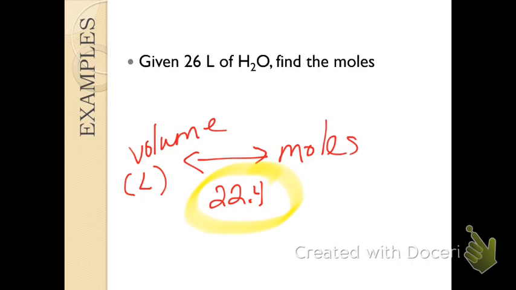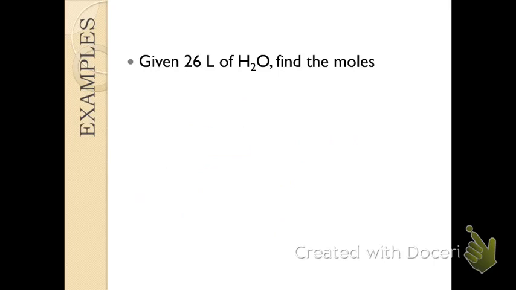Okay. I am going from liters to moles, so I'm not going to multiply. I am going to divide the 26 by the 22.4. So here's your setup, 26 liters times 1 mole per 22.4. The liters are going to cancel out.